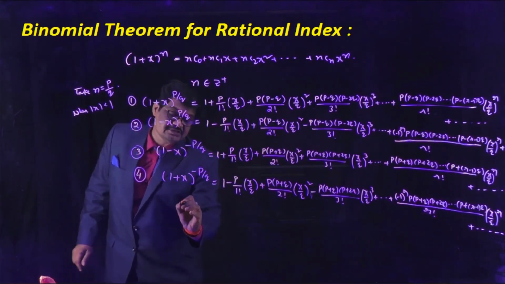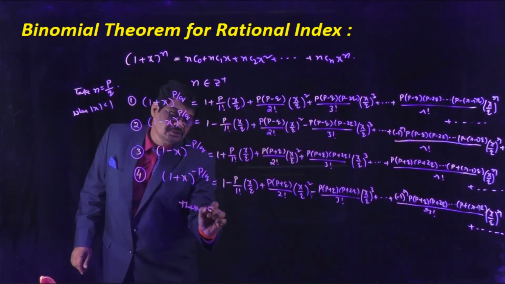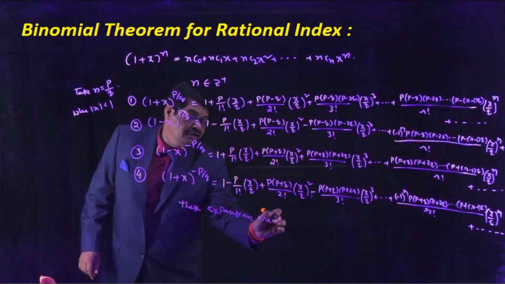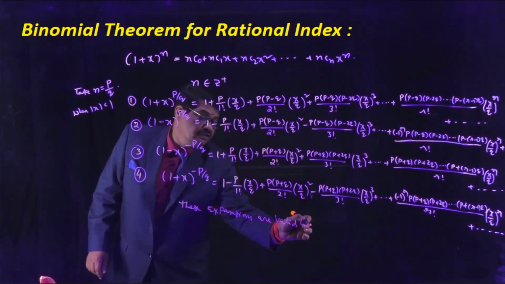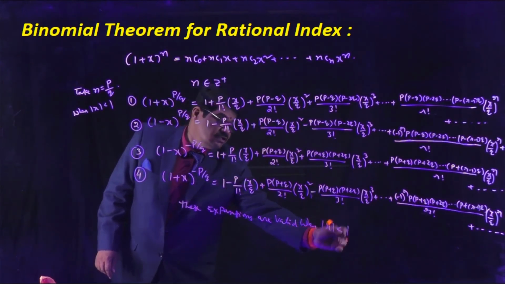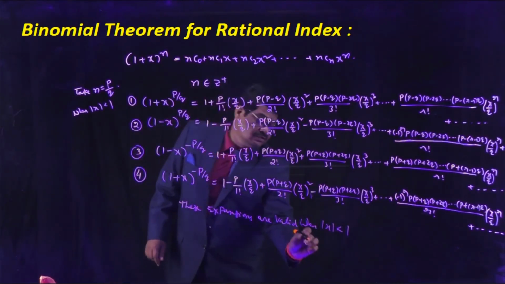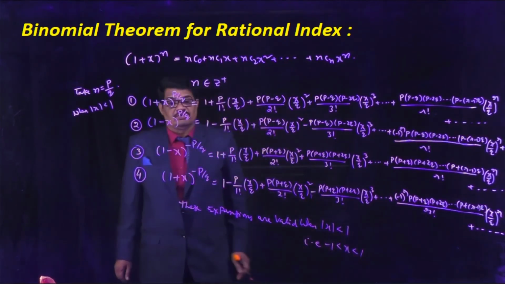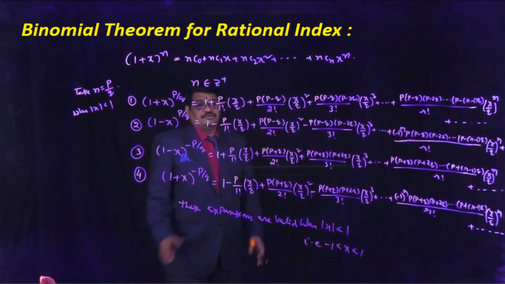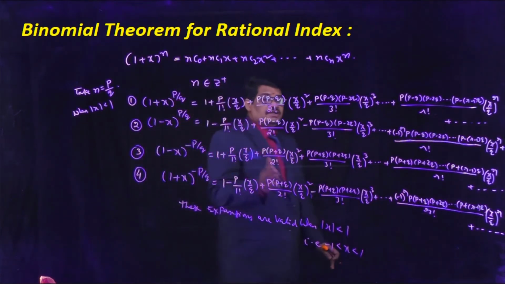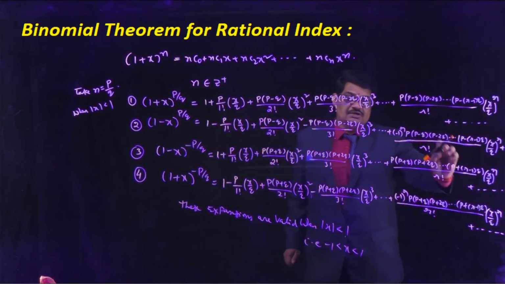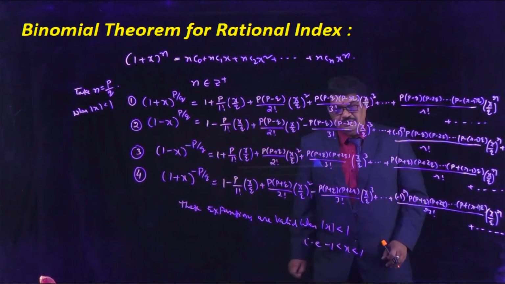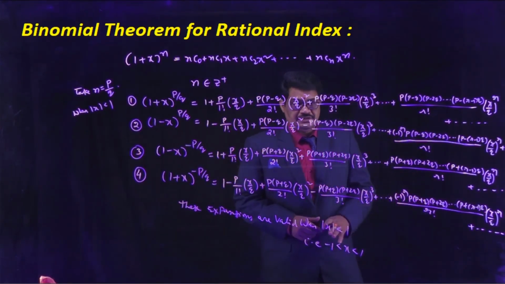These expansions are valid when mod x is less than 1, that is, the value of x lies between plus 1 and minus 1. These are very important formulas. In these, the (r+1)th terms are the general terms that were taken. These are all infinite series.